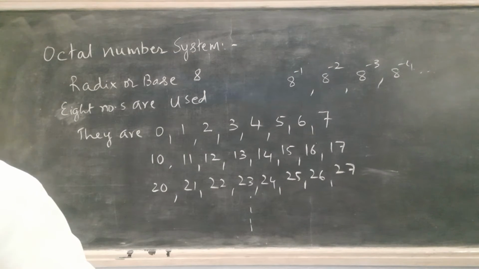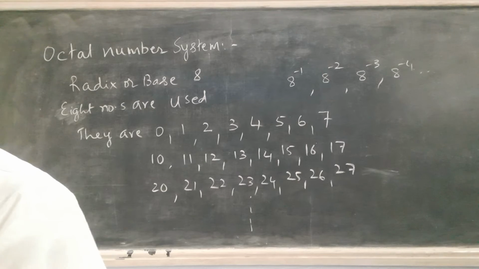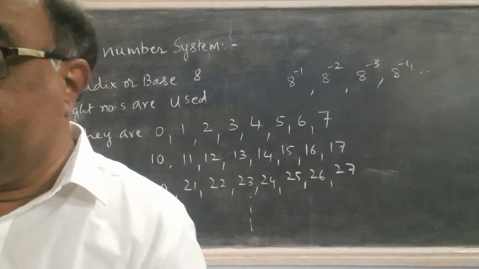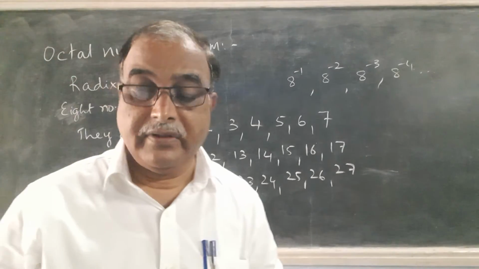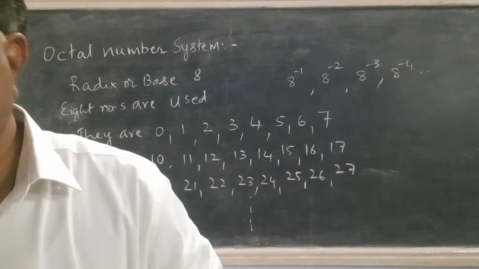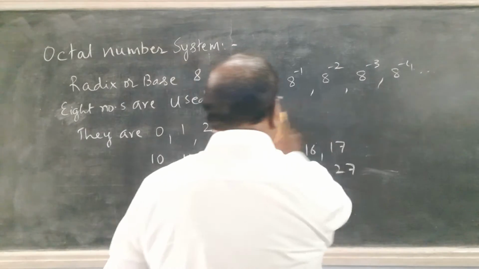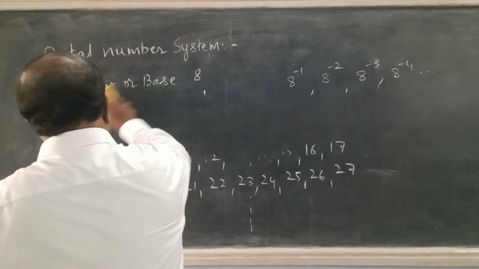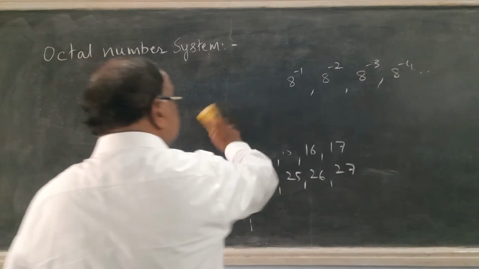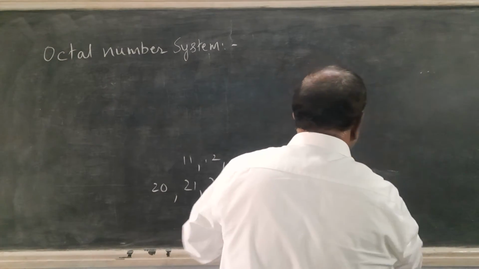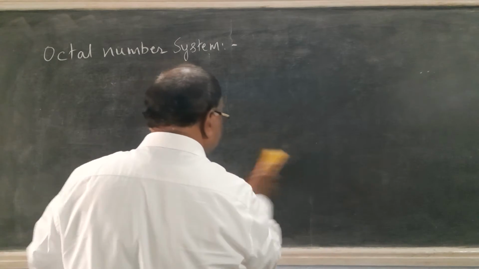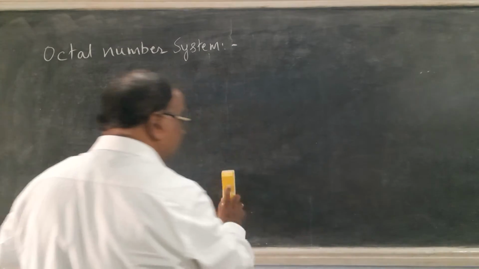Let me consider one example, that is the conversion of an octal number into its decimal equivalent. As we have done in the previous cases, binary to decimal, you know how to convert it.